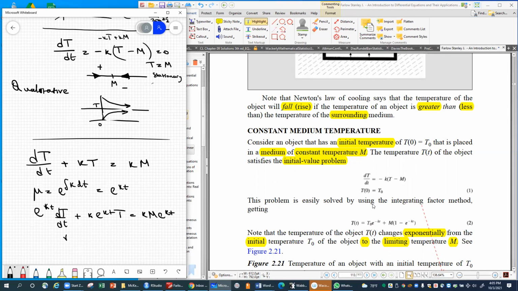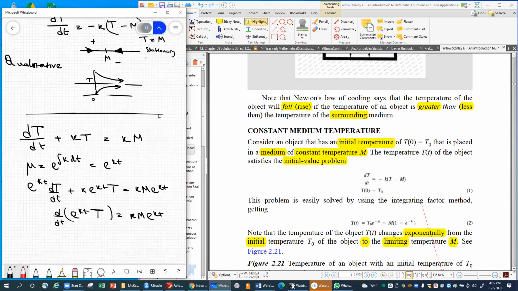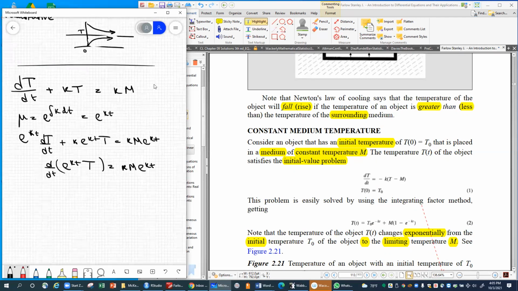So the left side is the derivative of e^(kt) times T, equal to kM e^(kt). Okay. So integrating, on the left side we're just undoing the derivative, and the right side is like a chain rule in reverse.